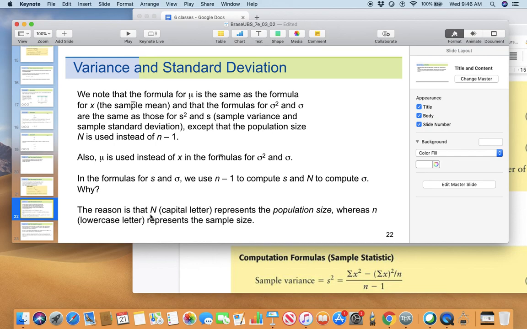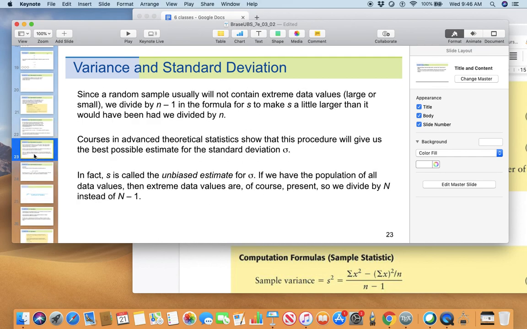The reason is that capital N represents population size, small n represents sample size. Since a random sample usually will not contain extreme data values, we divide by n minus 1 so as to make s a little larger than it would have been had we divided by n. Okay, so we divide by something smaller to make our standard deviation a little larger.